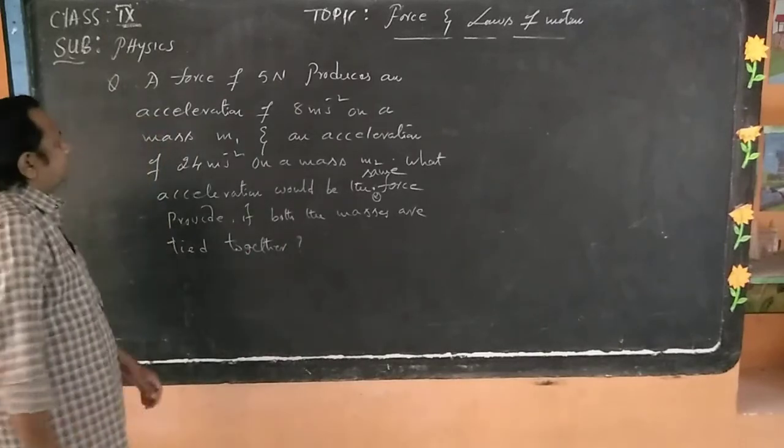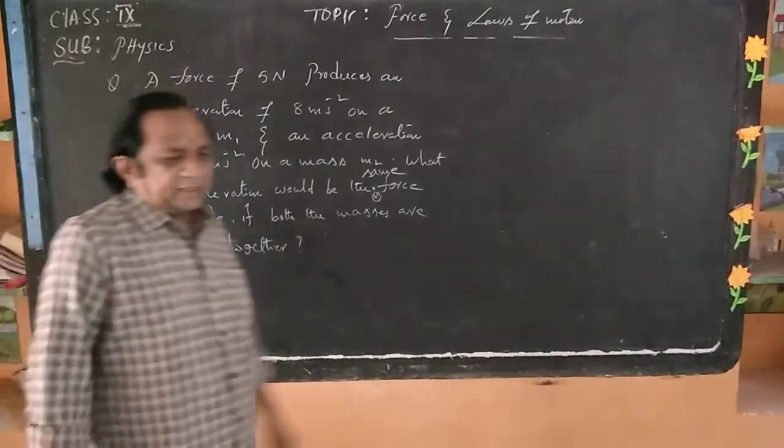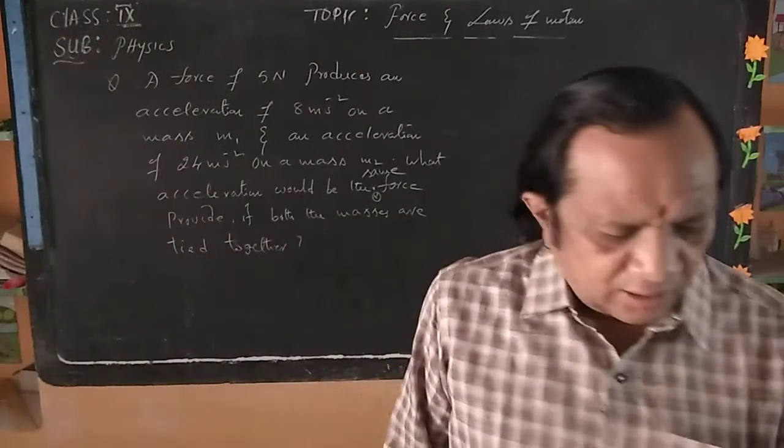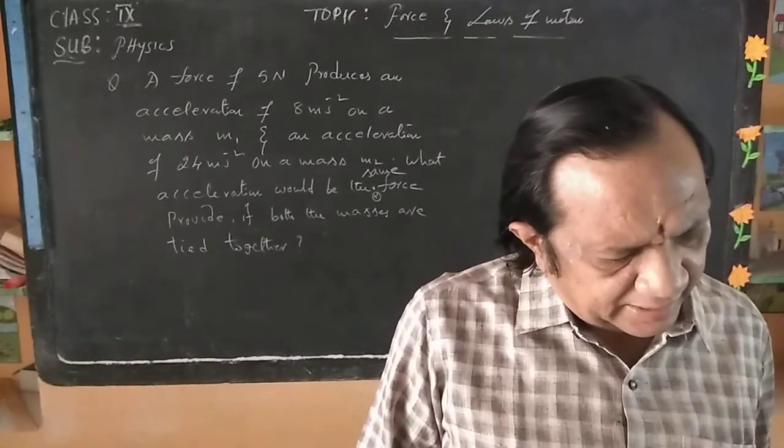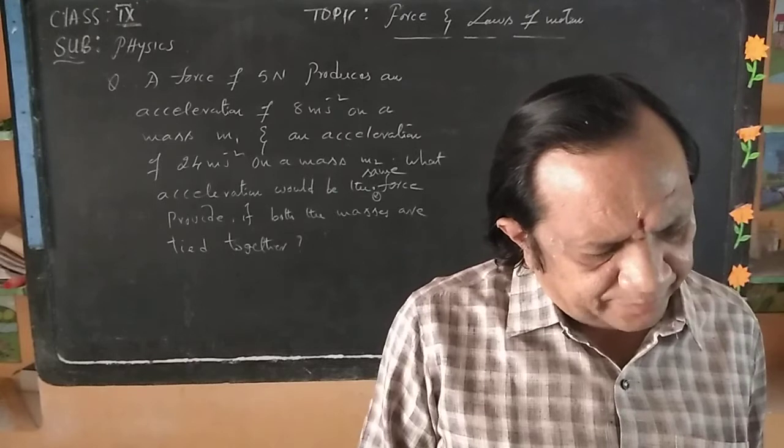That's the question. So both masses are to be tied together. What is the force to be acted upon it to be calculated? Okay.